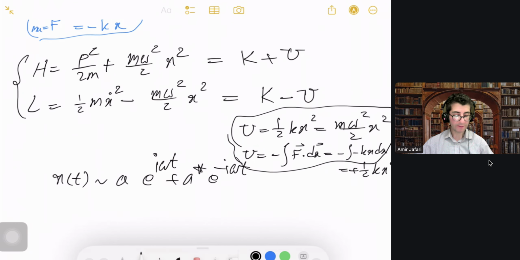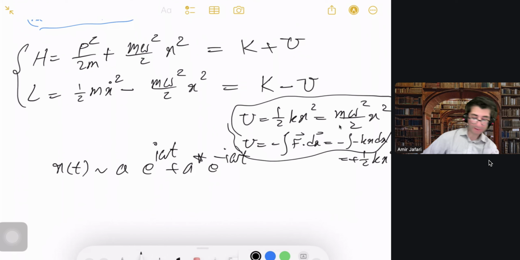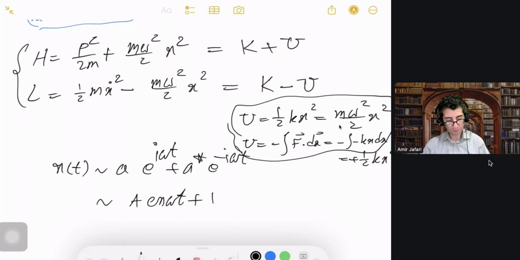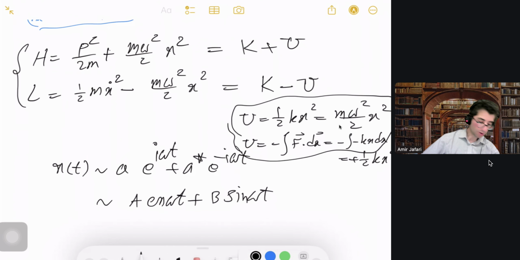Okay, and in the next lecture we're going to see how this actually moves. This gives us something similar in quantum mechanics, but you can write this also as a cosine omega t plus b sine omega t. A and b depend on your initial conditions.